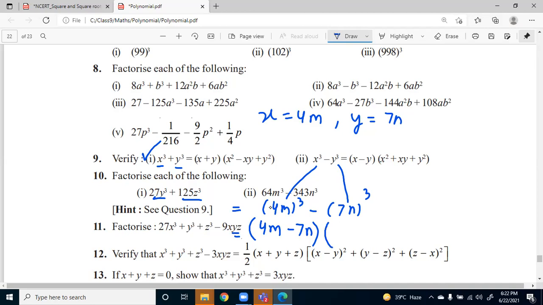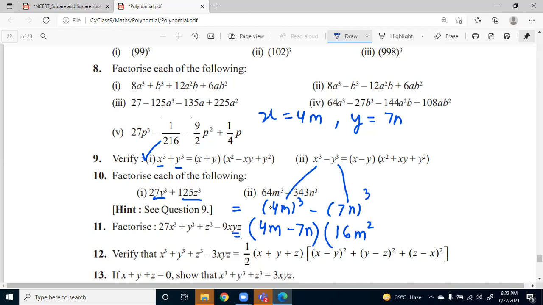In the second bracket will come x square. So square of 4m. 4m square is 16m square. Then plus xy. I have to multiply x and y.